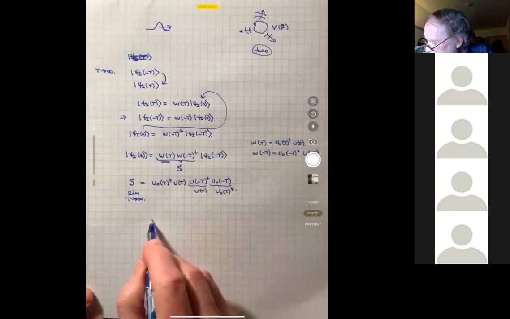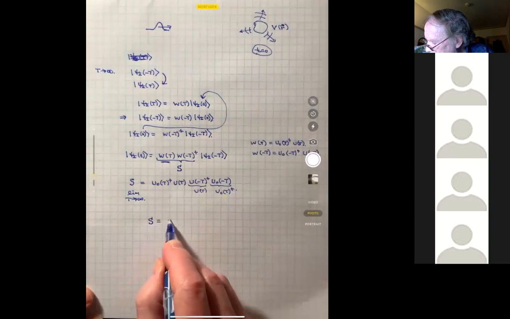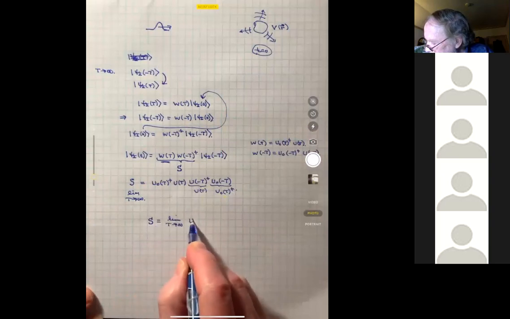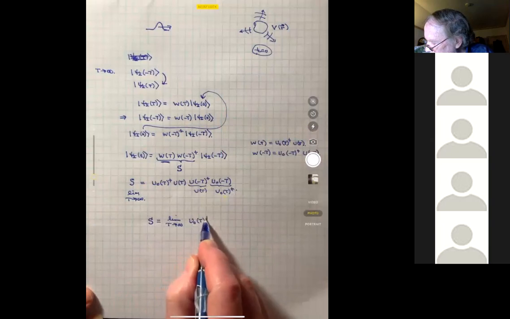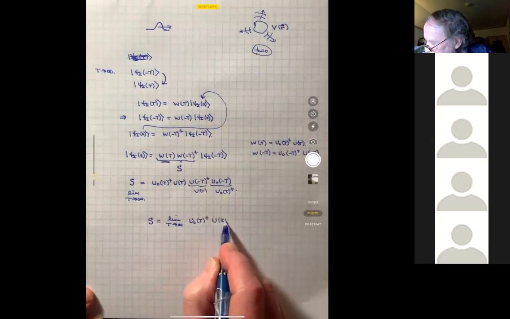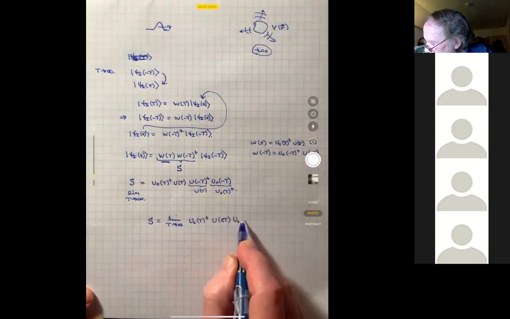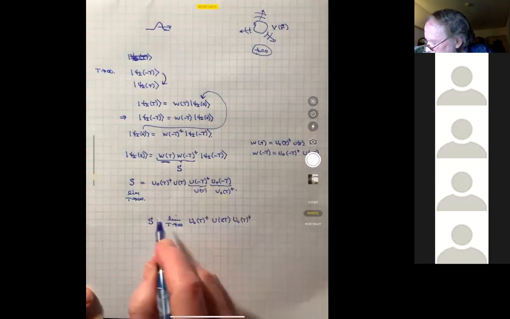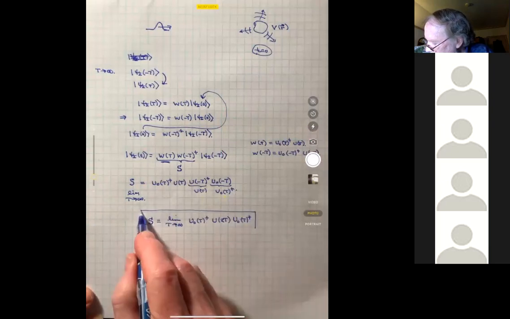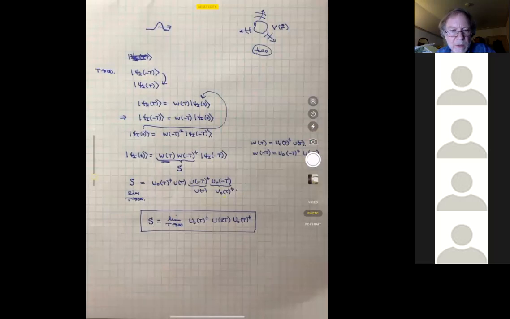If I put this together, then S is equal to the limit as capital T goes to infinity of U0 of T dagger times U of twice T, times U0 of T dagger, like so. And this is one of the ways of defining the S matrix in scattering theory.